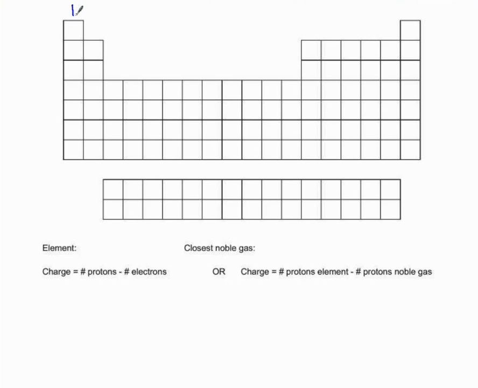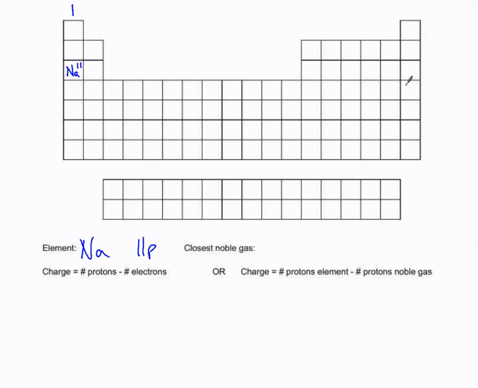So group 1, we're talking about the alkali metals. And I'm going to look at sodium. Sodium is here, and it has an atomic number of 11. So my element is sodium, and it has 11 protons. That's the atomic number. Now, what is the closest noble gas to sodium?